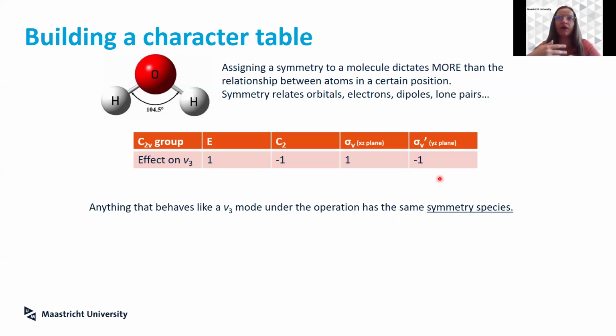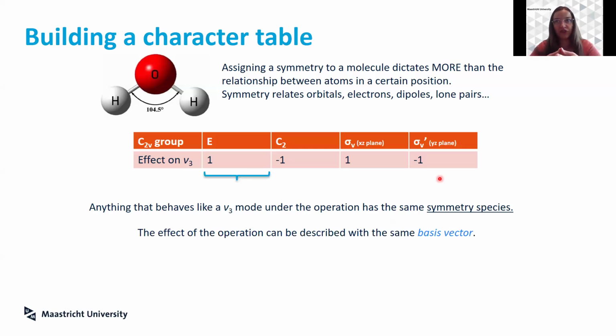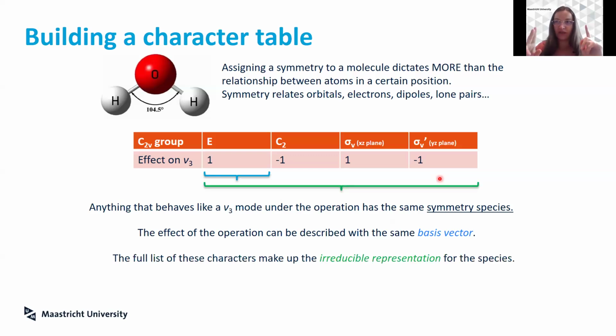So anything that has the same invariant, flipped behavior would be like nu3 according to C2v. So it has the same symmetry species. So the effect of the operation is the thing that you call the basis vector. And this whole line of stuff is the irreducible representation of this whole process that you've done. So it is the representation of this whole process of, are you moving this thing around, what is happening, on the basis of a vector, 1, -1, 1, -1, and a list of representations.